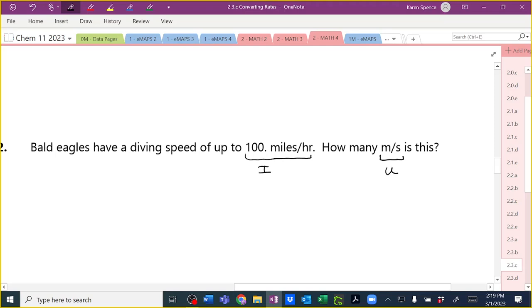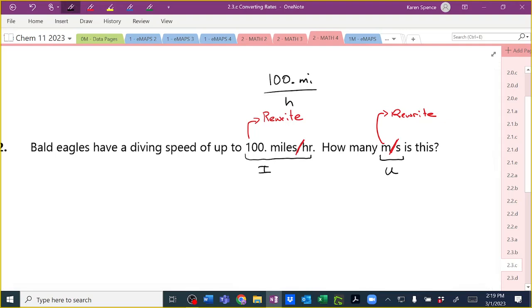You're going to get rid of the slash and you're going to rewrite 100 miles per hour, and we're going to rewrite this as meters per second.